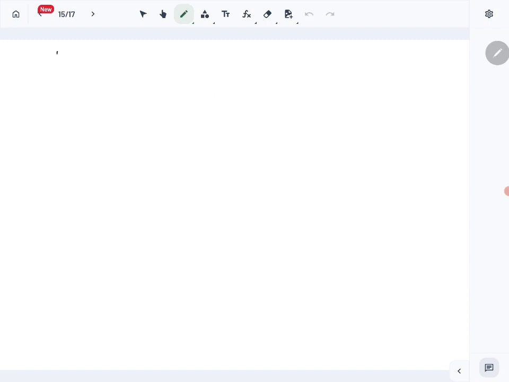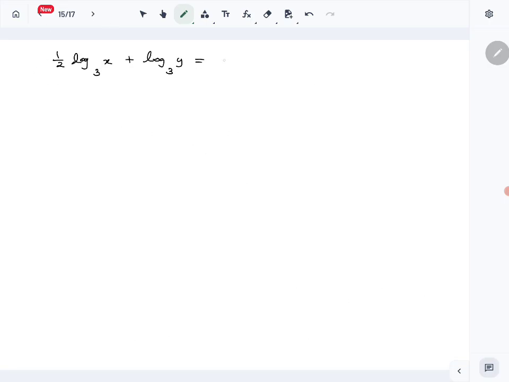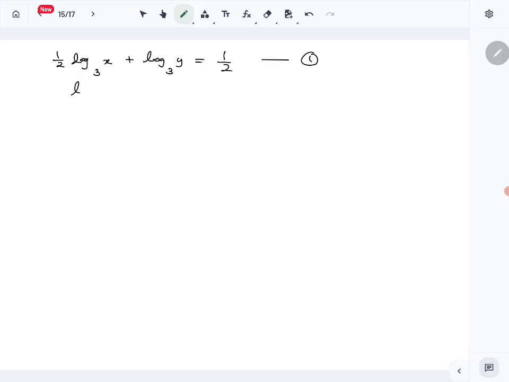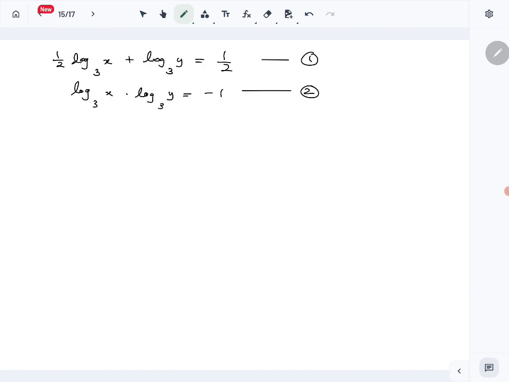So let me write that again here. Half log base 3 of x plus log base 3 of y equals half. That's the first equation. Then the second equation is what? Log base 3 of x times log base 3 of y equals minus 3.